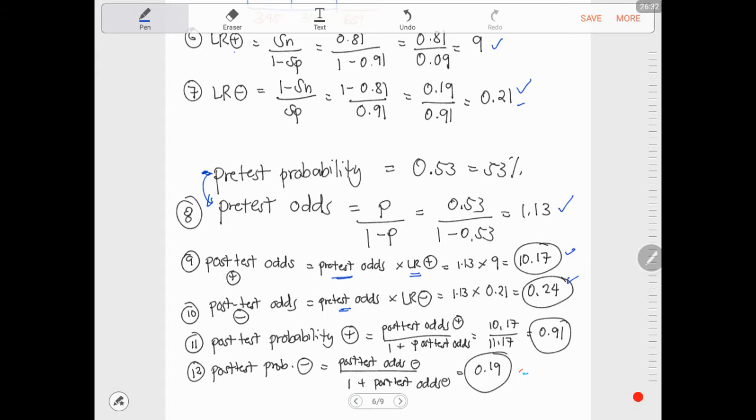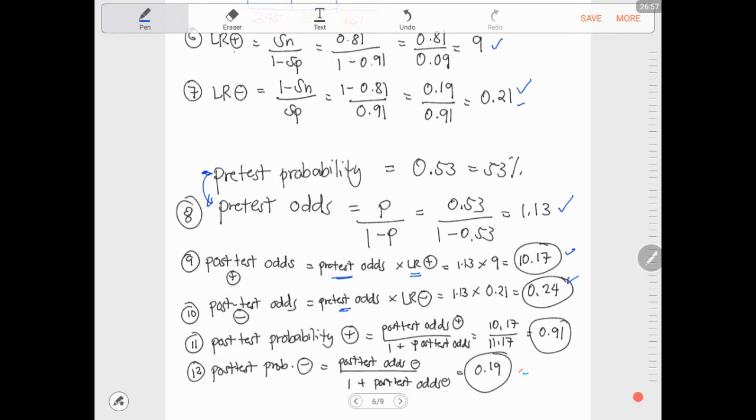Actually, you can get already the post-test probability using what we call the nomogram. But, i-calculate na lang muna natin before natin i-nomogram para makita niyo paano ang flow. So, after you get the post-test odds, you now convert it into post-test probability.